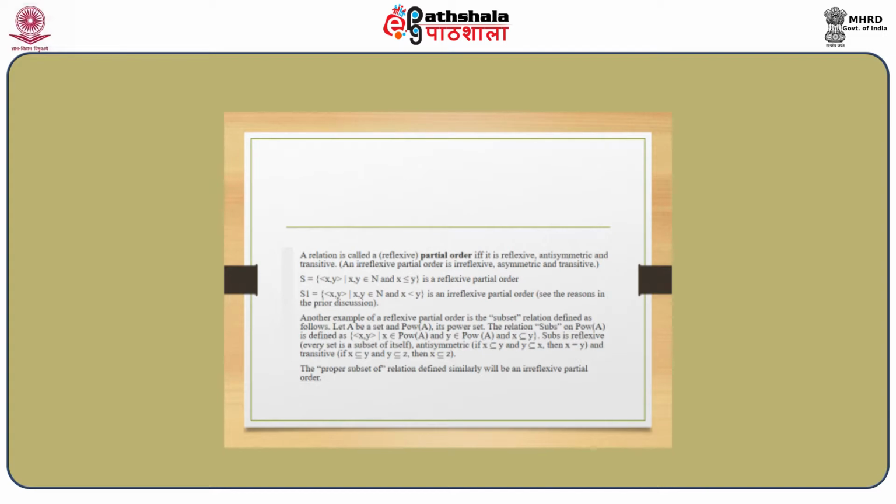Subs is reflexive because every set is a subset of itself. It is antisymmetric because if x is a subset of y and y is a subset of x, then x and y have the same members, therefore x and y are identical.